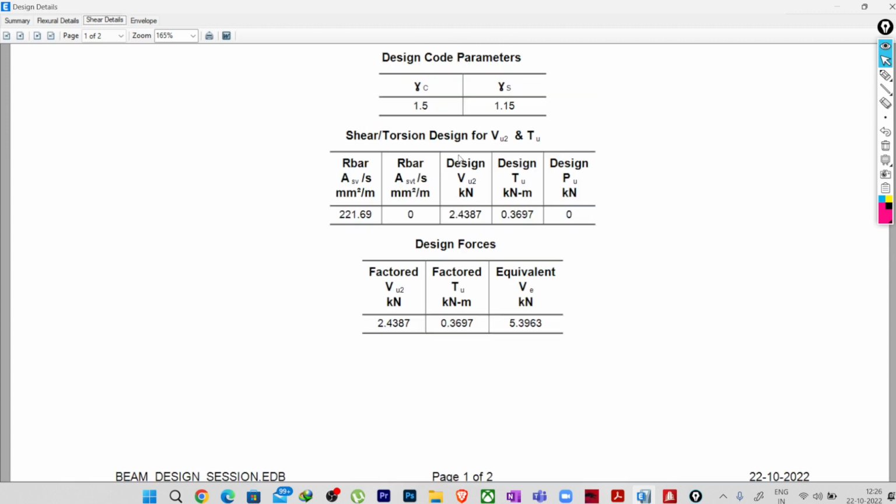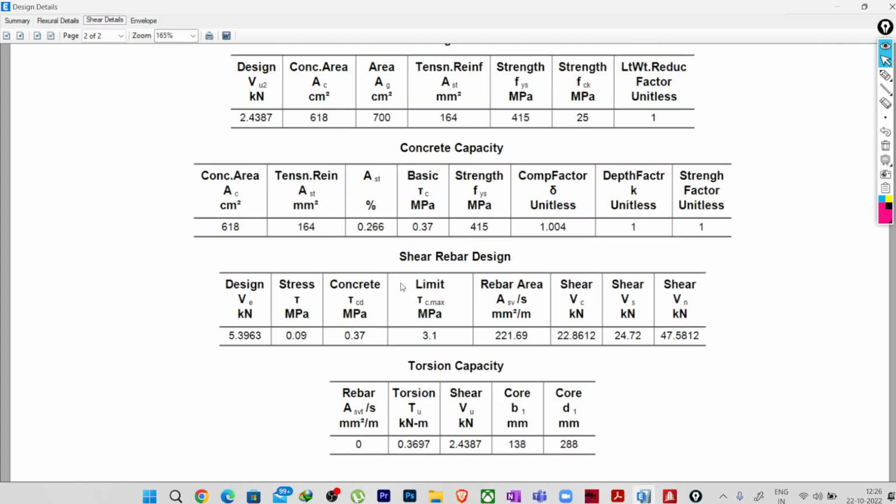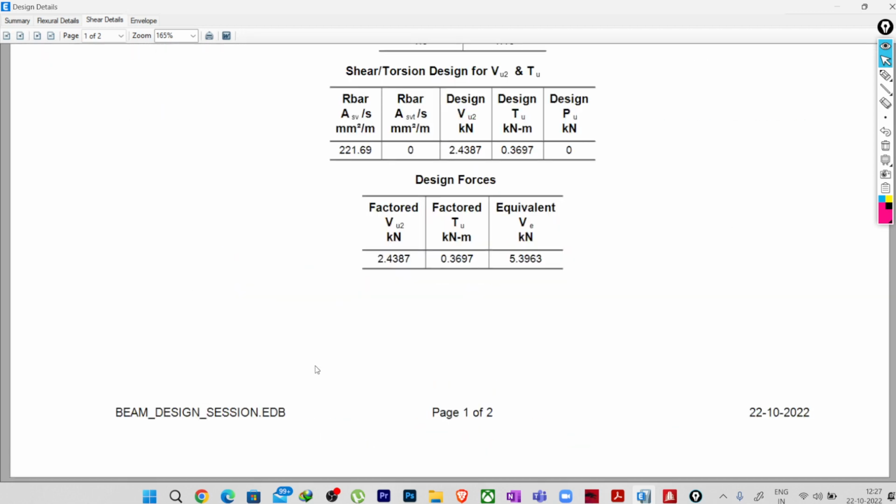So we got a design shear force of 2.4387 kilonewton and we have torsion of 0.3697 kilonewton meter. So here if you see the design shear, we are getting 5.3963. This is the shear taken by concrete, this is the shear taken by steel. But the shear for which you need to design is much higher than the value that we are getting here.